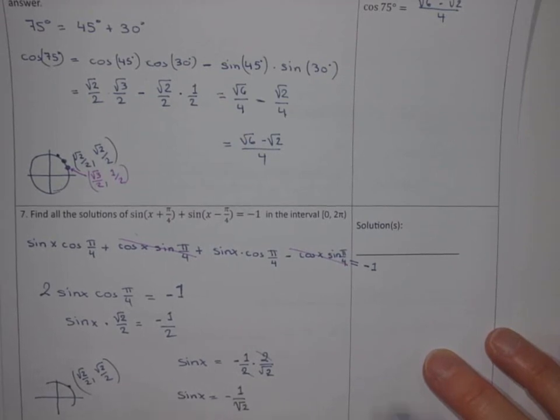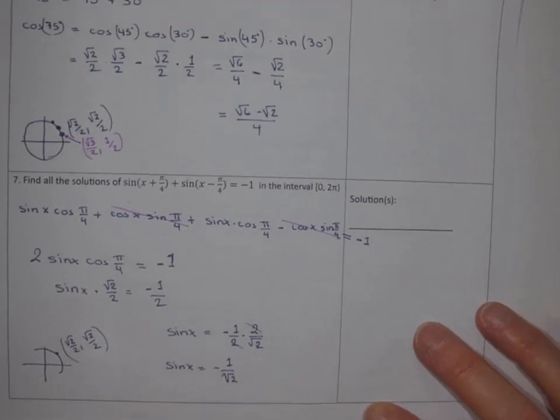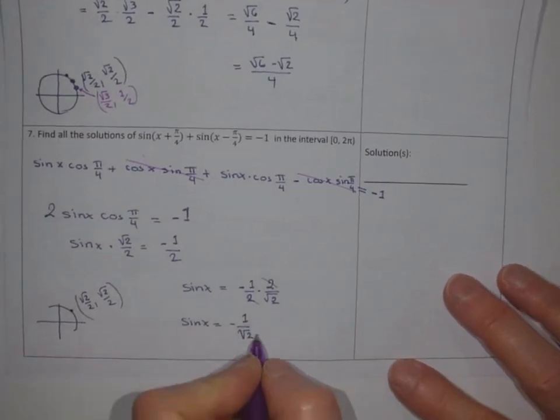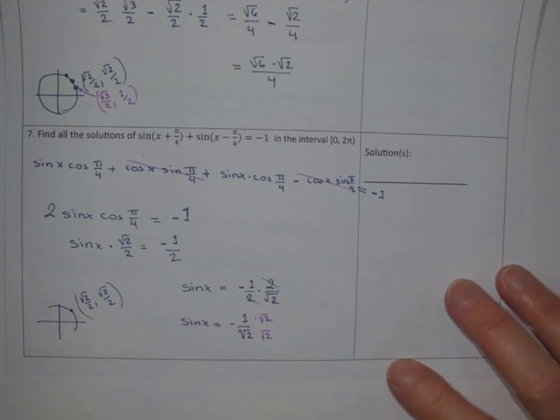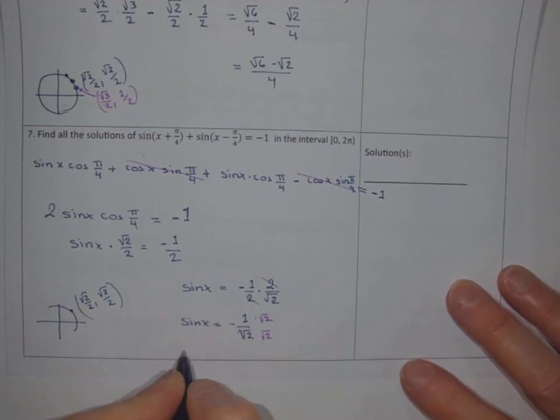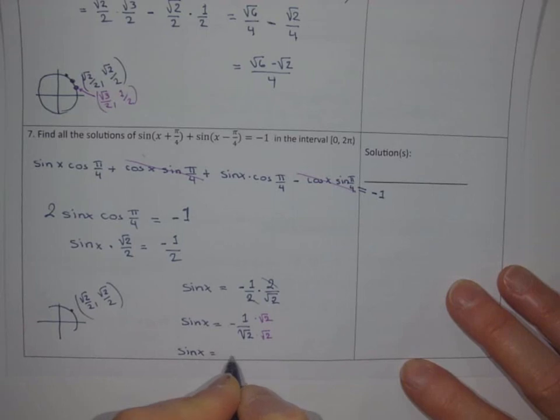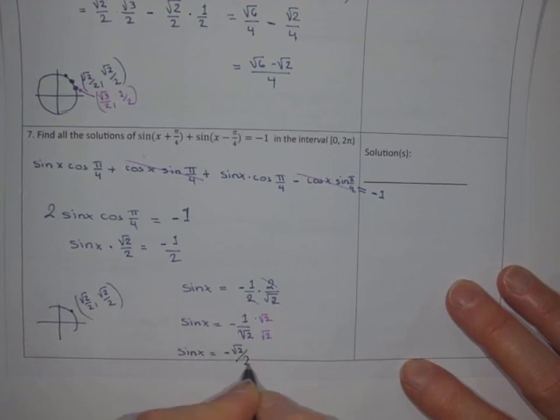And we're going to multiply top and bottom by a square root of 2 here, so we can rationalize this denominator. And so that's going to simplify to sine of x is equal to negative square root of 2 over square root of 4, which is just a 2.